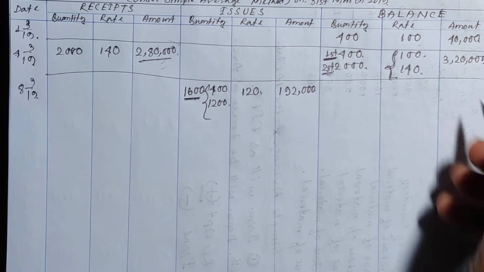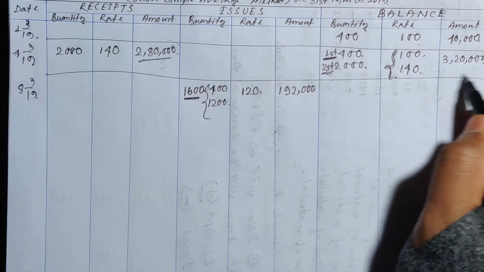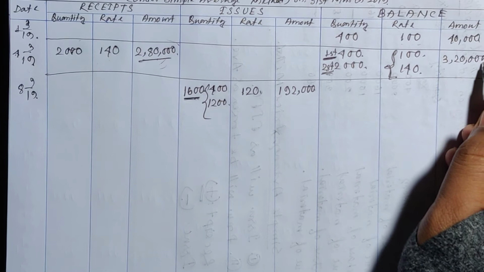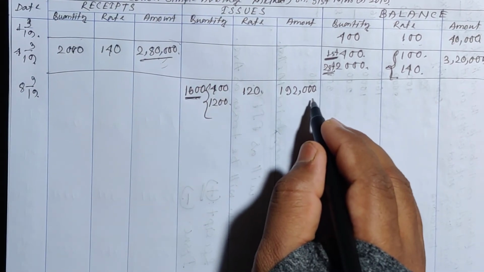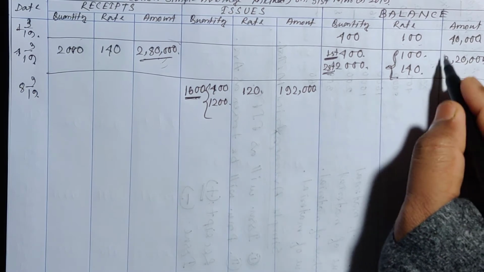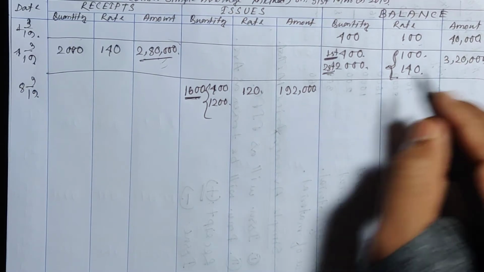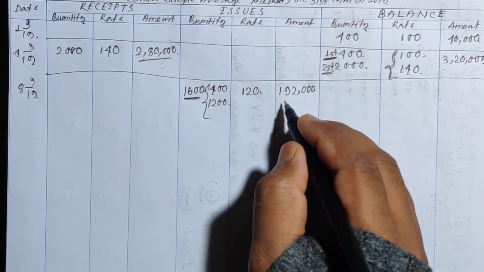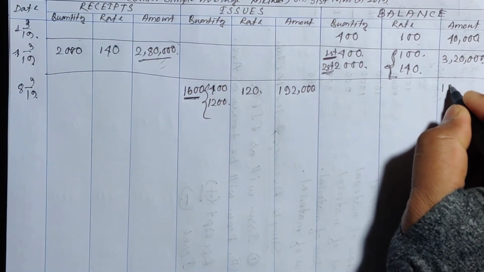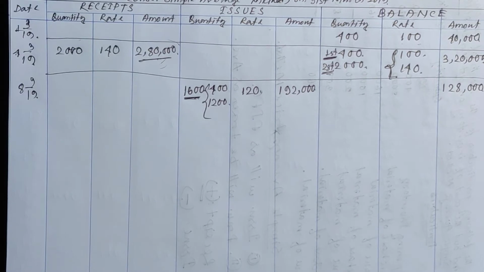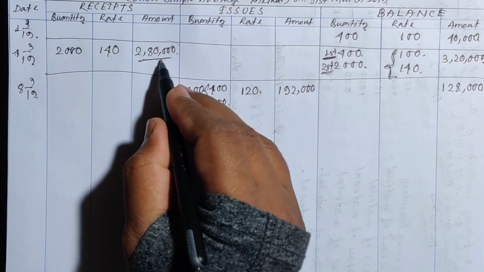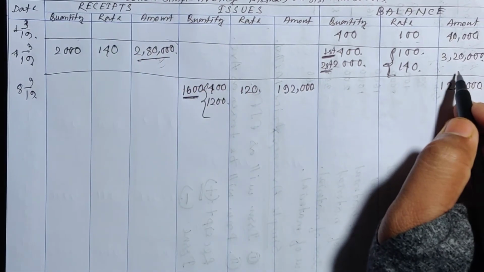And friends, I have said that for issue the total will be subtracted from the stock. Our present stock value is 3,20,000. From that I have issued 1,92,000. So I have to subtract the issued value from my present stock. That will be 1,28,000. This is the procedure. For receipt I have to add the total value.